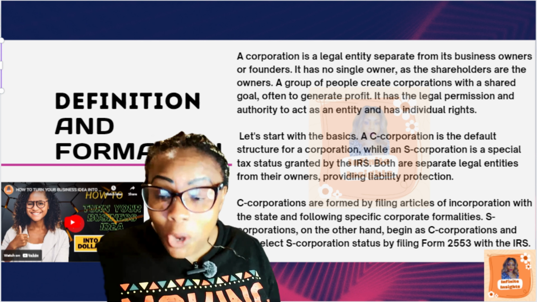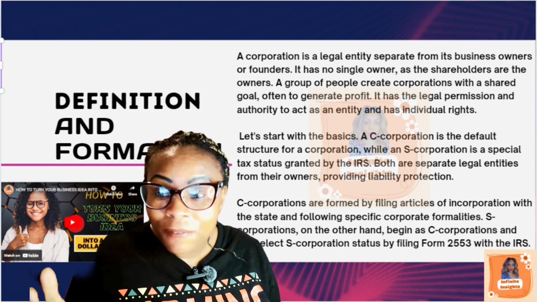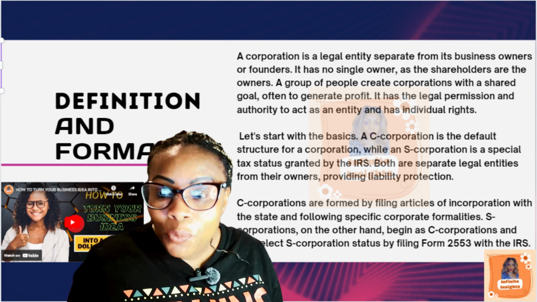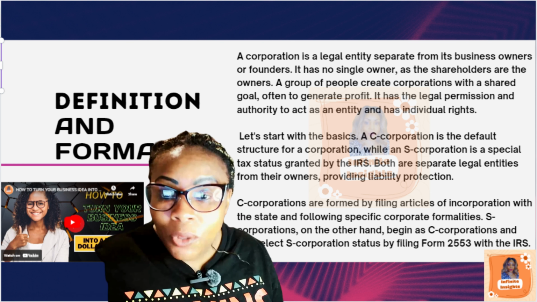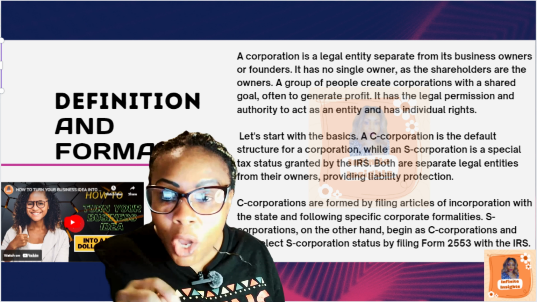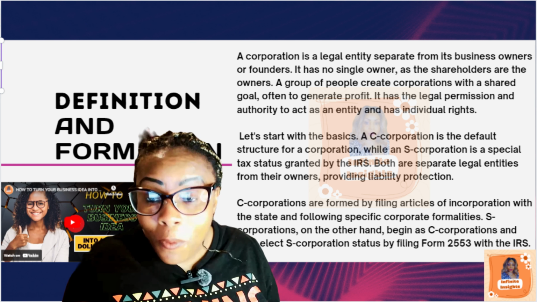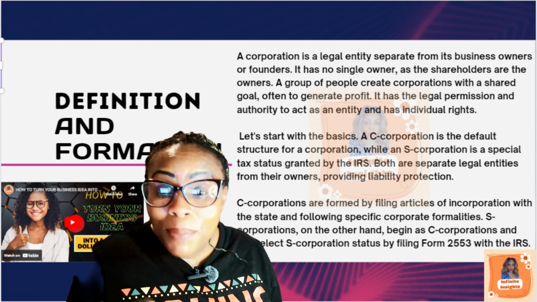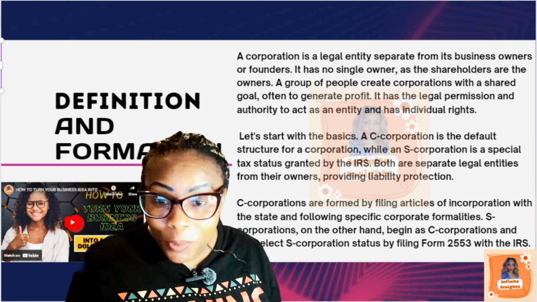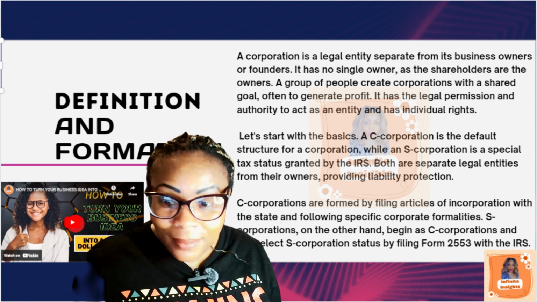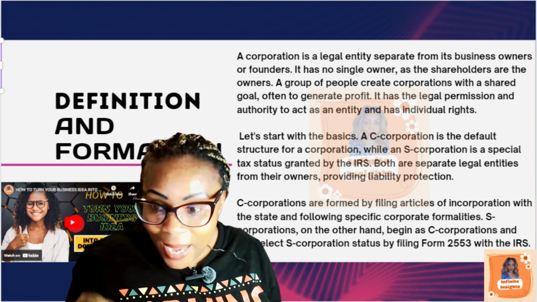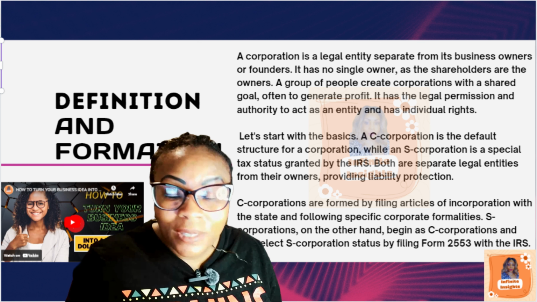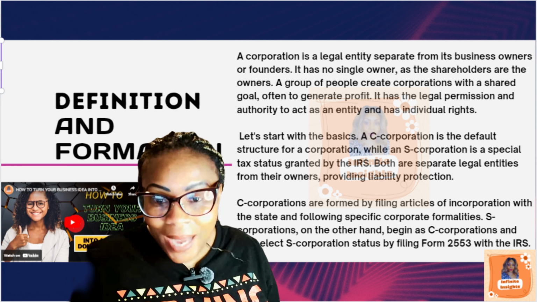2553. C corporations are formed by filing articles of incorporation with the state and following the specific corporation formalities. S corporations, on the other hand, begin as C corporations and then select S corporation status by filing Form 2553 with the IRS.